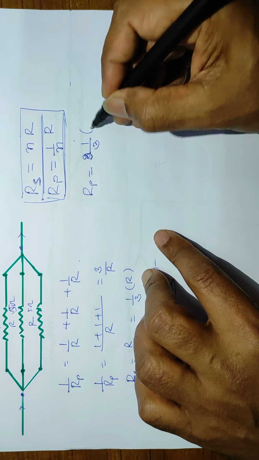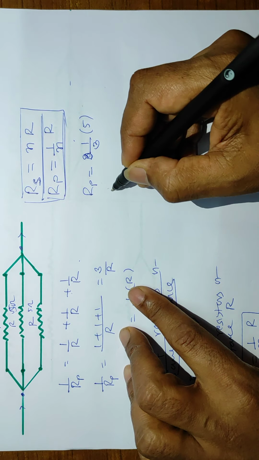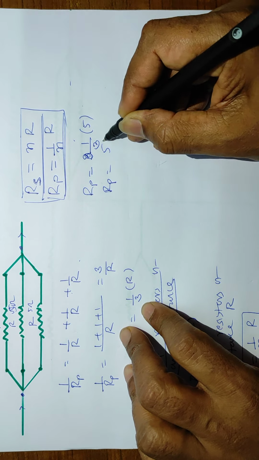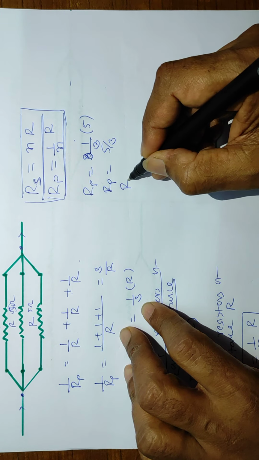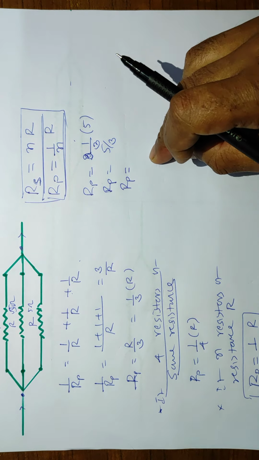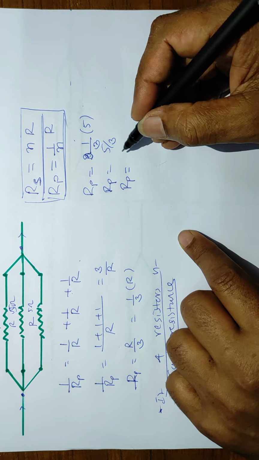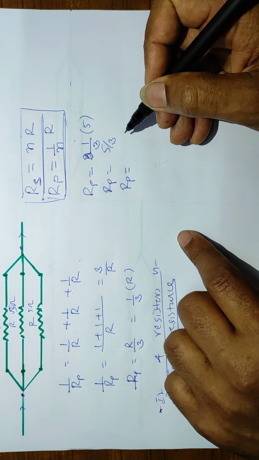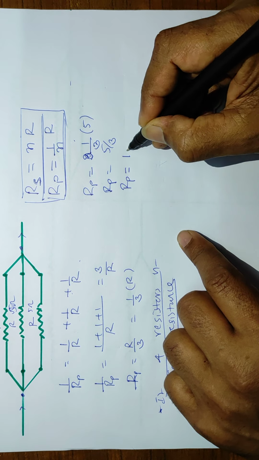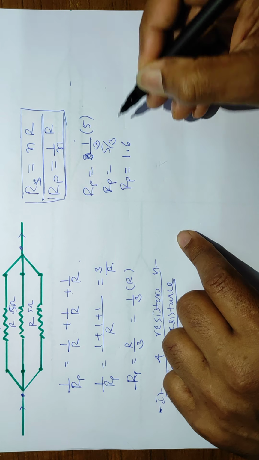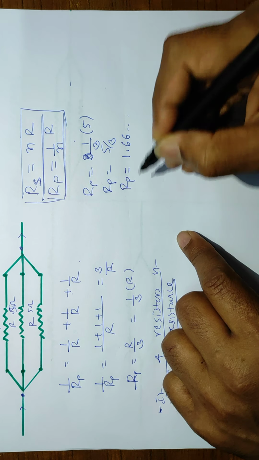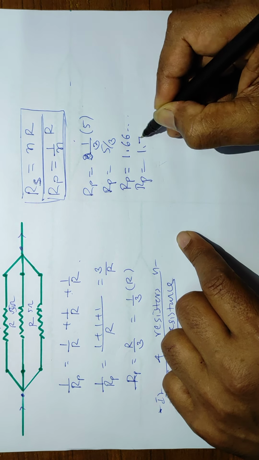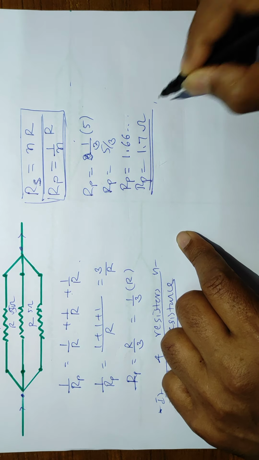So 1 by 3 into resistance of each, which is 5. So Rp is equal to 5 by 3. So resistance of the combination, you have to divide 5 by 3. 1.66. So Rp is equal to 1.7 ohm.